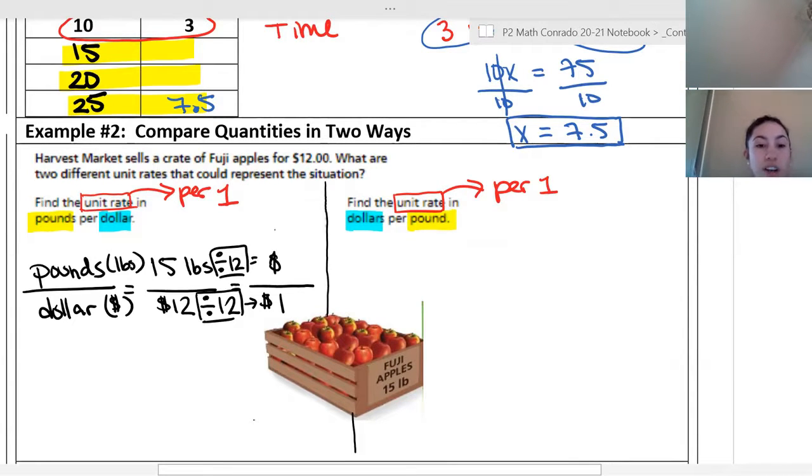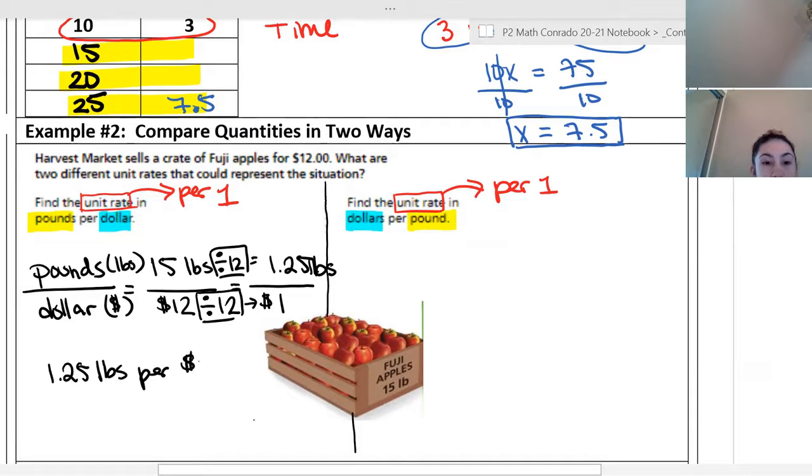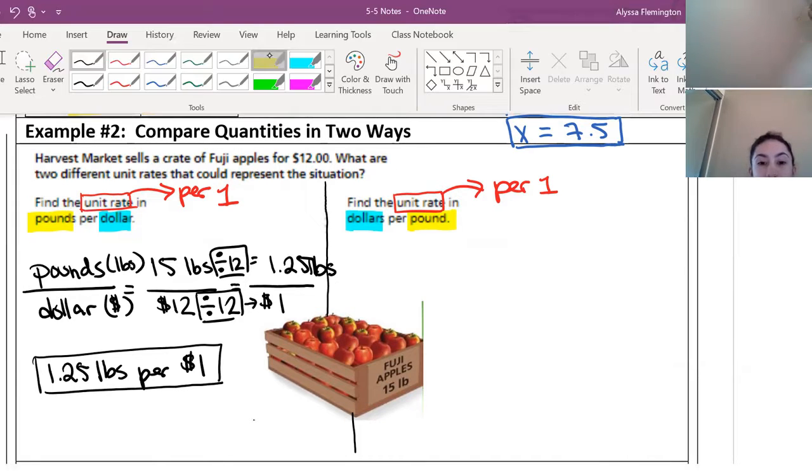So with $1, we could buy 1.25 pounds of apples. So we have 1.25 pounds per every $1.